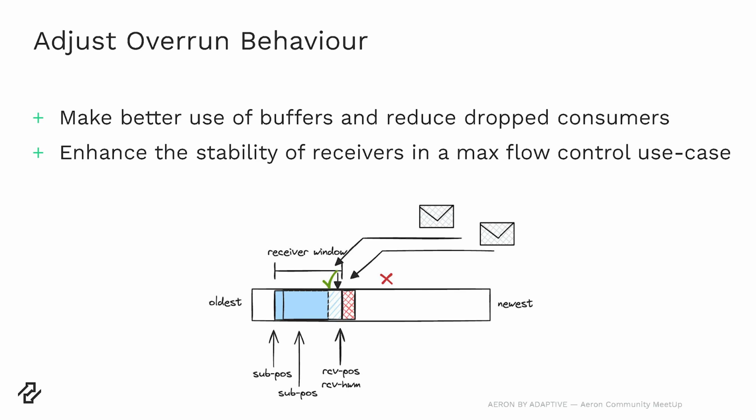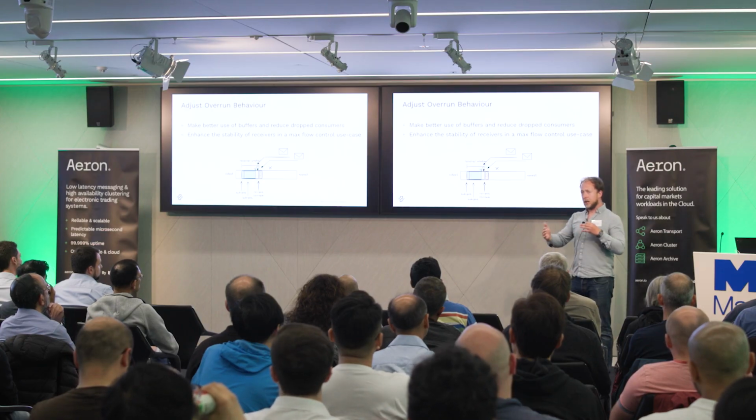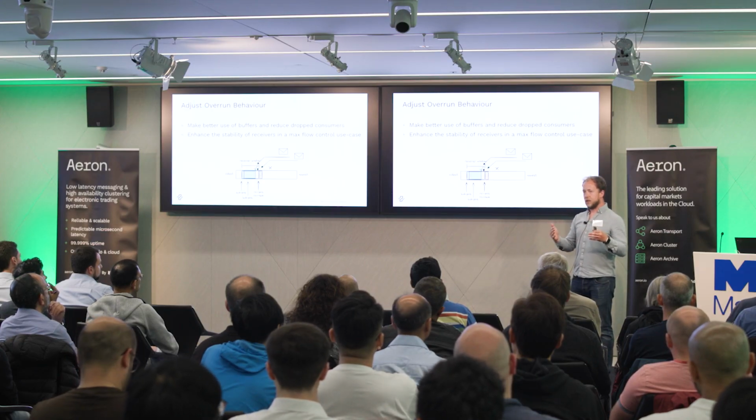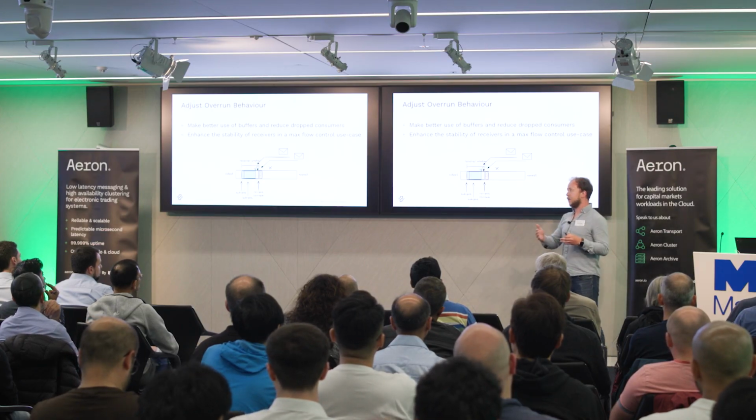In a scenario where you've got multiple receivers, such as multicast groups and multi-flow control strategies, you may have receivers at different rates and therefore defining different receiver windows. You've got different configuration to decide what you do with the slower consumers, whether you hold up the stream for them or whether you let them overrun.